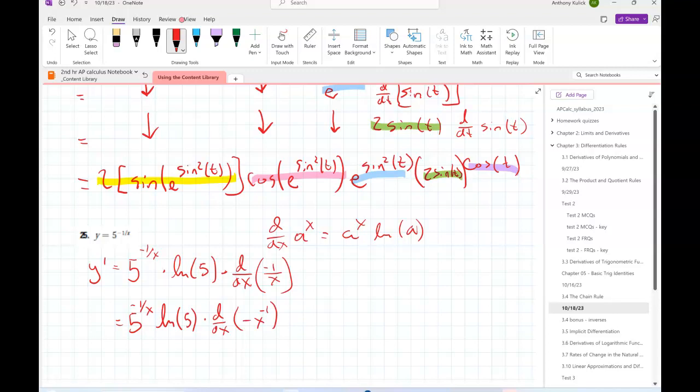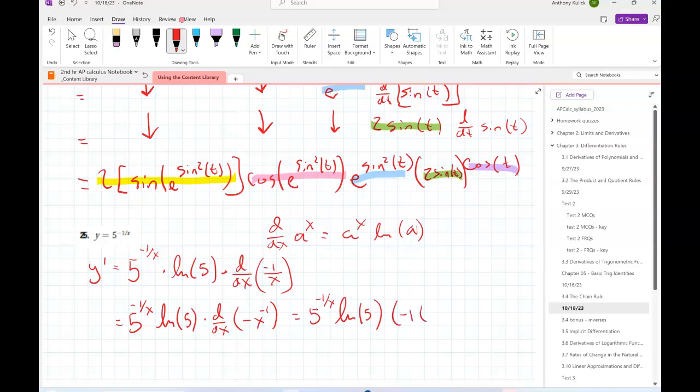So I'm going to write it as x to the negative 1, because that is super easy. Could you do it as a quotient rule? Yes. Is it going to stink? Yes. Do I want to waste my time doing that? No.